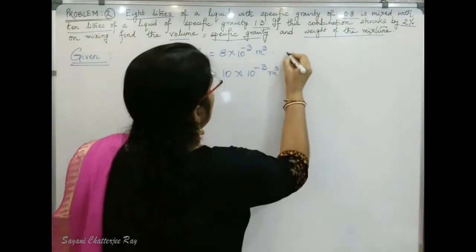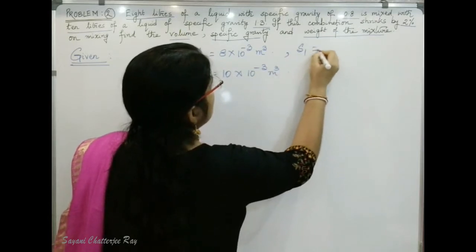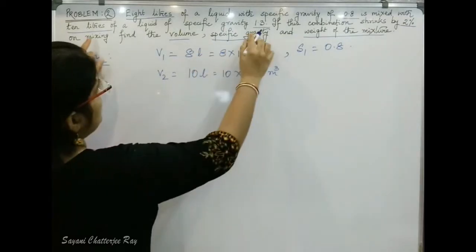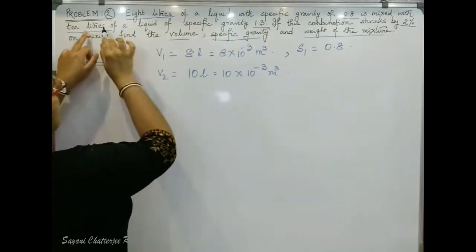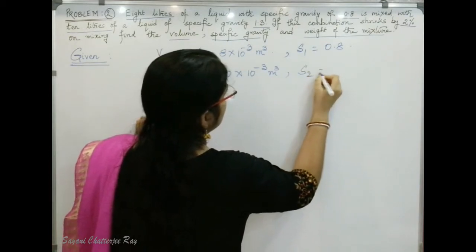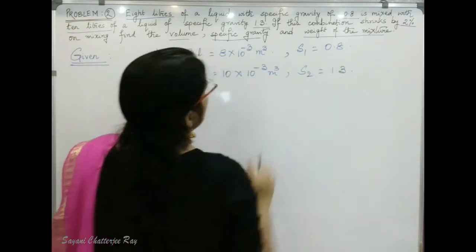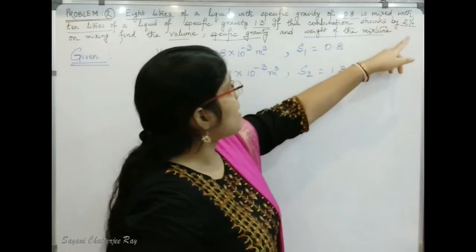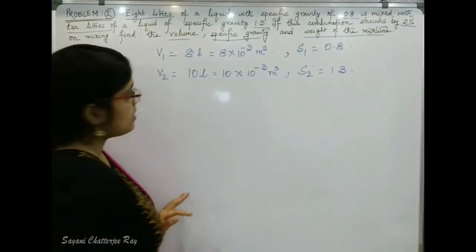That means S1 equals 0.8. And the specific gravity of the liquid with 10 liters volume is 1.3. And one more data is given in the question, that is combination shrinks by 2% on mixing.